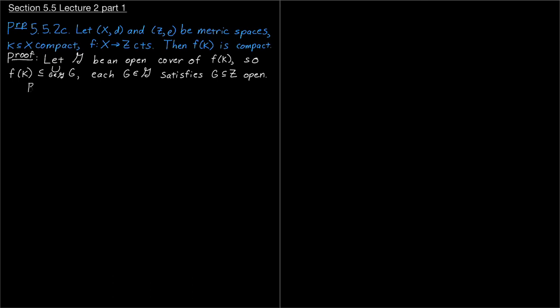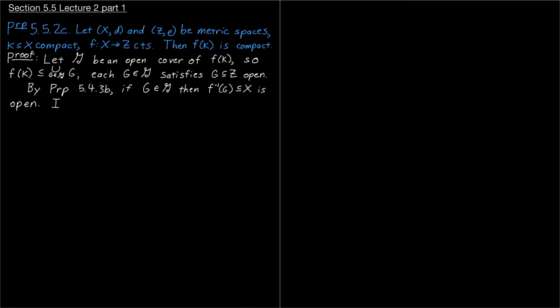Then by proposition 5.4.3b, if G is in the cover, then f inverse of G, that's a subset of X, is open. Remember, proposition 5.4.3b says a function is continuous everywhere if the inverse image of all the open sets is open.